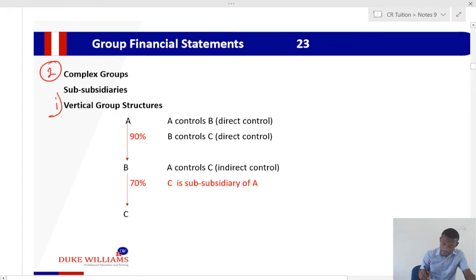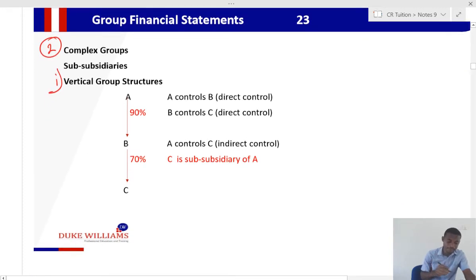Now for the vertical group structure, here entity A has 90% control in B. That tells you there is 10% for NCI, who are the minority. Now entity B has 70% in C. So look at it, it's vertical. This is a vertical structure.